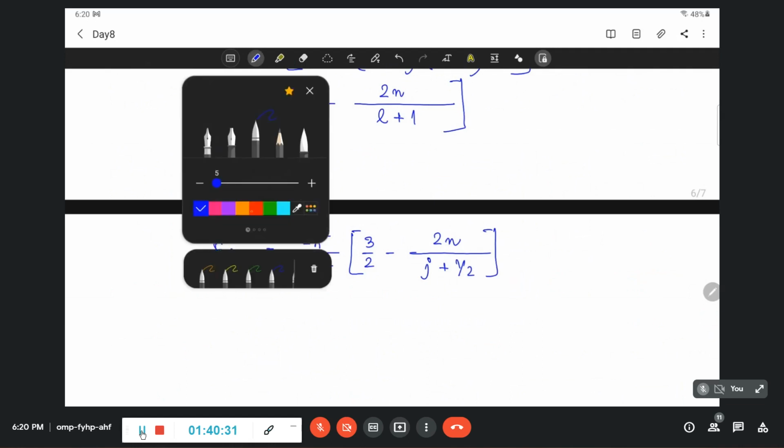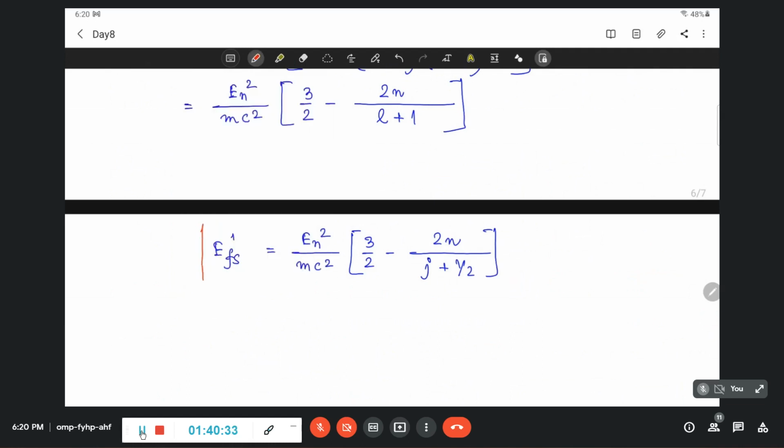The important thing you need to remember is that now there is N and J. This is what I want to conclude: previously in the hydrogen atom you had only N, where the energy depends on the principal quantum number only.